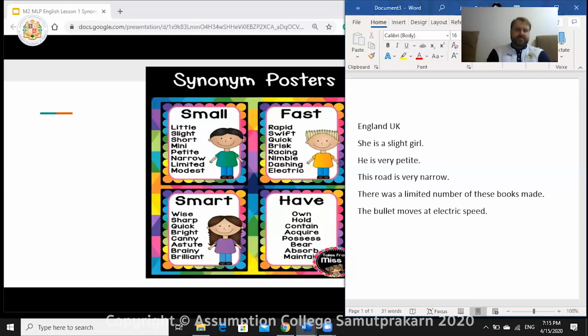Smart, wise, sharp, quick, bright, canny, astute, brainy, and brilliant. All these words mean the same as smart.